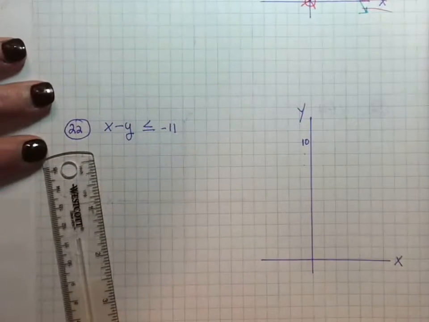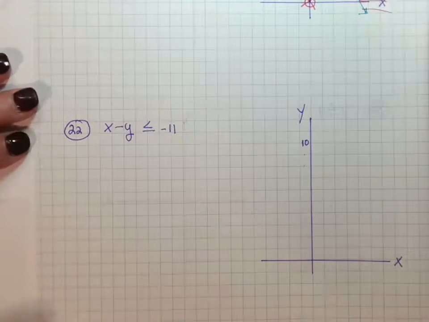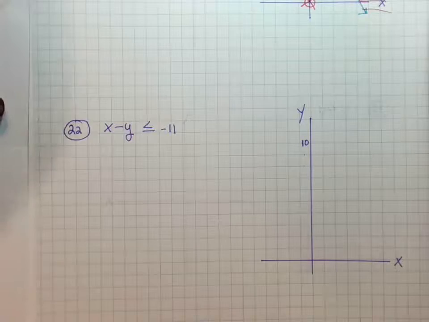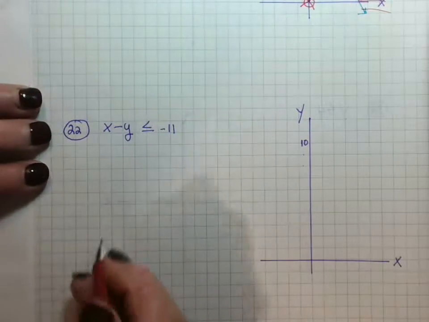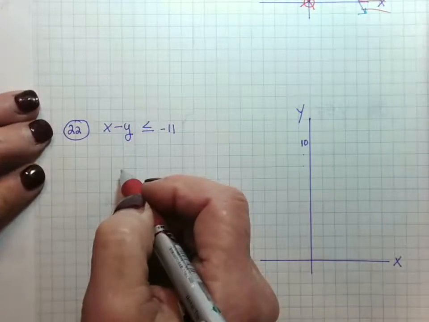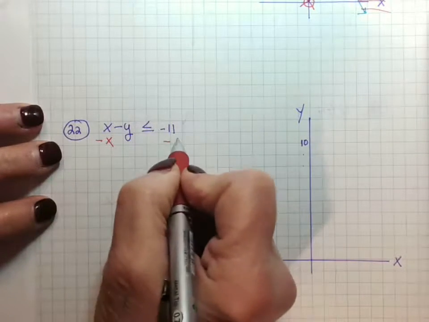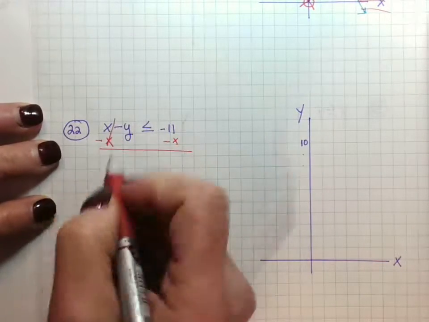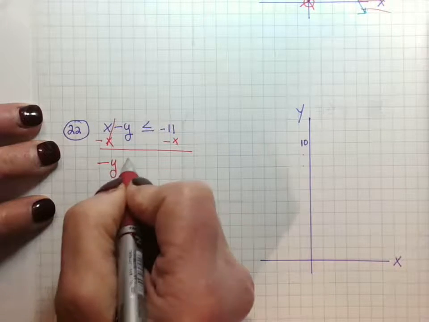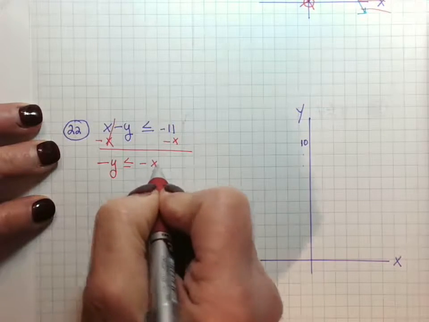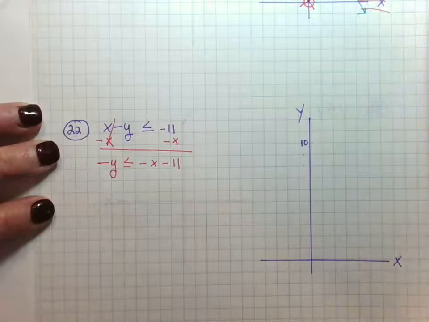22 is a great problem for reviewing solving inequalities. Right? Here we want to get this in y equals mx plus b. So we subtract x from both sides. We get negative y less than or equal to negative x minus 11.